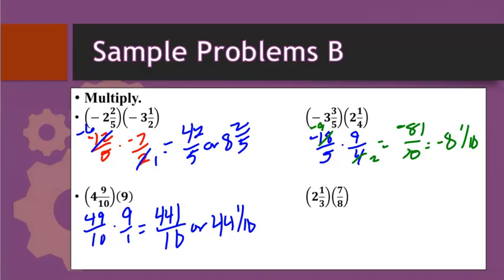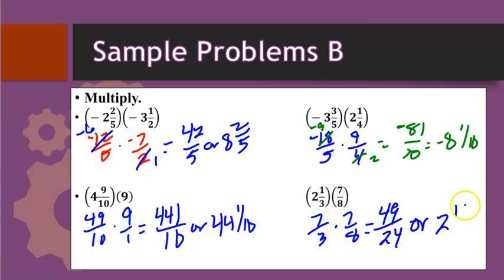Next, 3 times 2 is 6, plus 1 is 7/3, times 7/8. Nothing in common with the numerator and denominator, so that's 49 over 24. I can keep it as an improper fraction or put it as a mixed number. This would be 2 1/24.